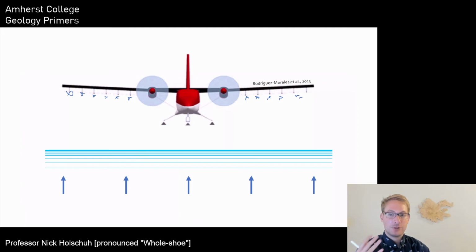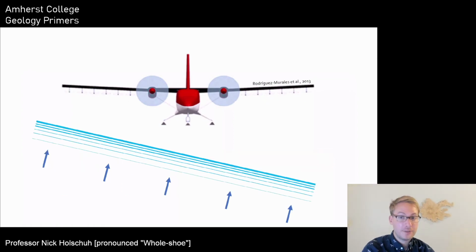And it's making measurements. If the source of a reflection is right below us, then we would expect that reflected wave will arrive at all of the antennas on our plane at the exact same time. If it's coming from the right of the plane, then we might expect that reflection arrives first at the antenna at the far right wingtip, and then will arrive slowly thereafter at all of the other antennas.